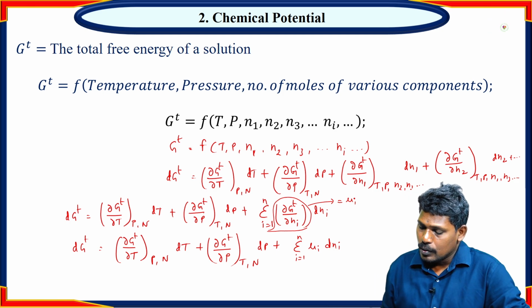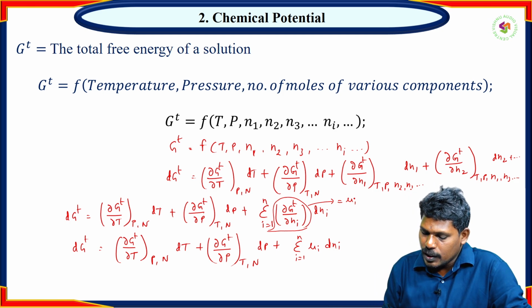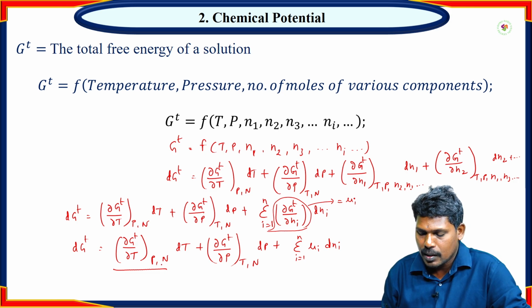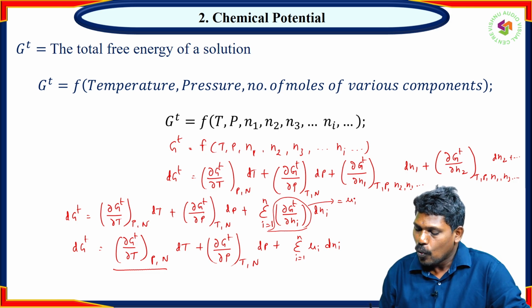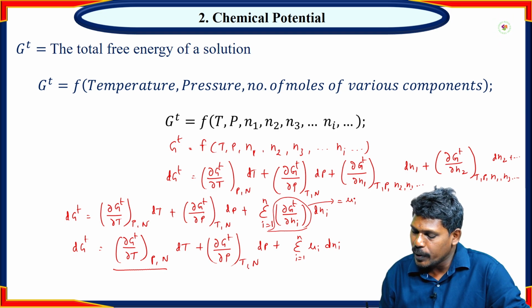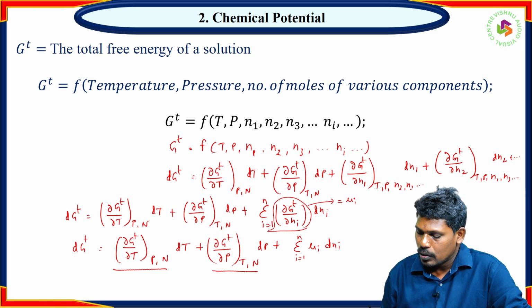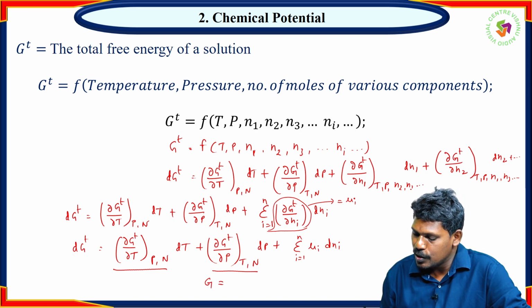Now after this we need to determine dou GT by dou T at constant pressure and number of moles, and dou GT by dou P. We need to determine these two terms. We already know the Gibbs free energy is equal to H minus TS.